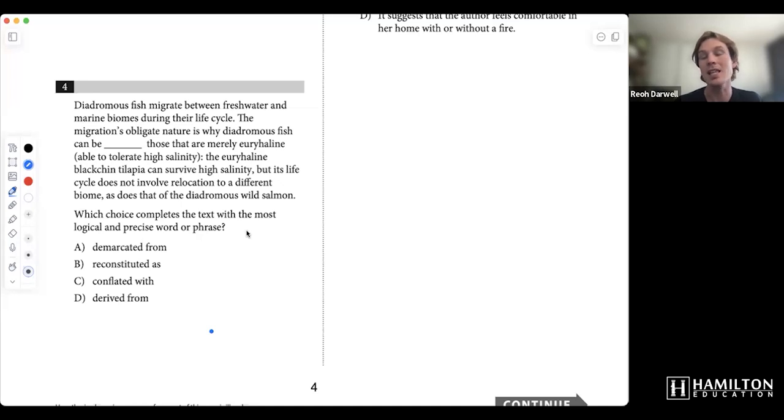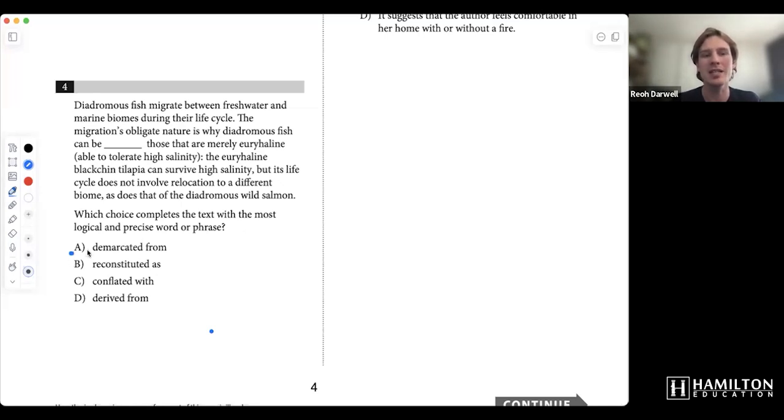Euryhaline fish, on the other hand, are those that don't need to go between two different biomes. They just are able to, by chance, survive high salinity. So salmon can live in a highly saline, aka the ocean environment, and can live in the river because it must for its life cycle.